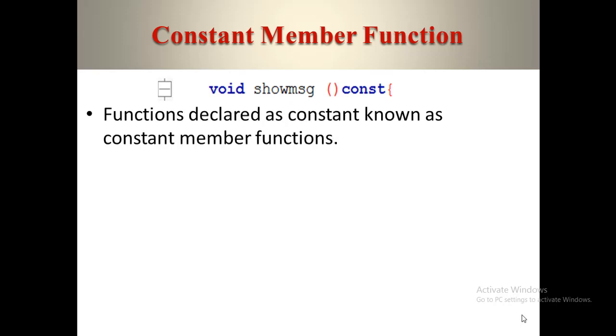So the functions declared as constant are known as the constant member functions. It restricts us to make the change in object. It restricts the change in object, means it implies the restriction on the object that we cannot change the object value.